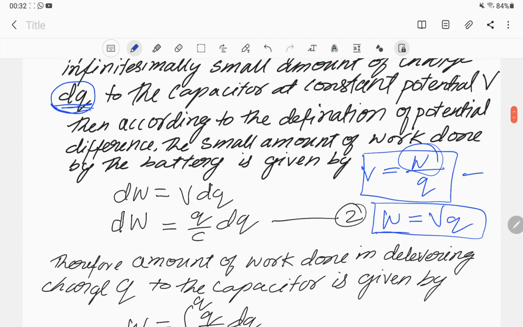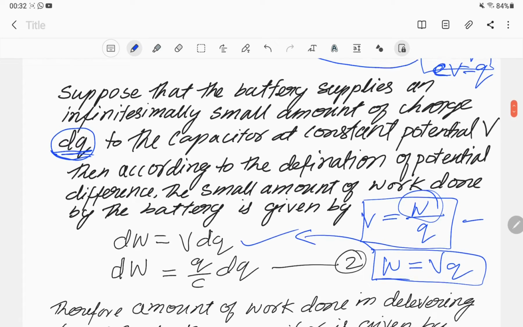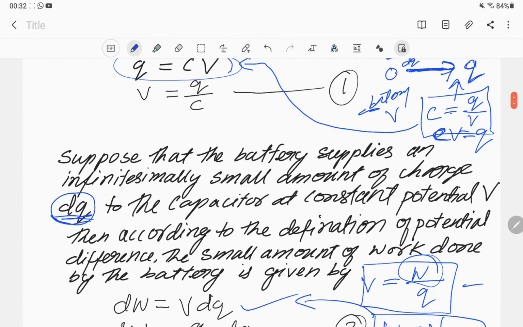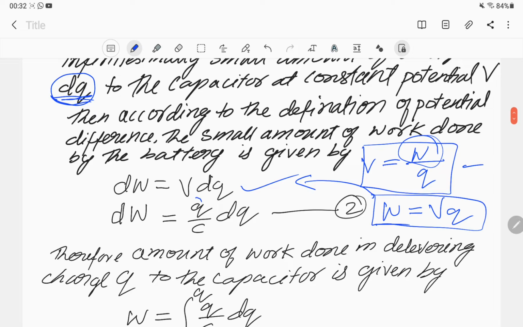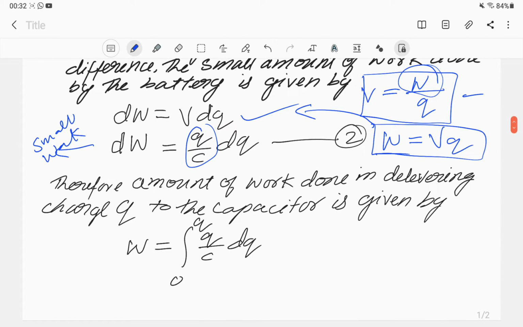Now the V value we already found: V is q by C. Now put it here. This is the small work done, but we have to find the total work, from when the charge is 0 to q.